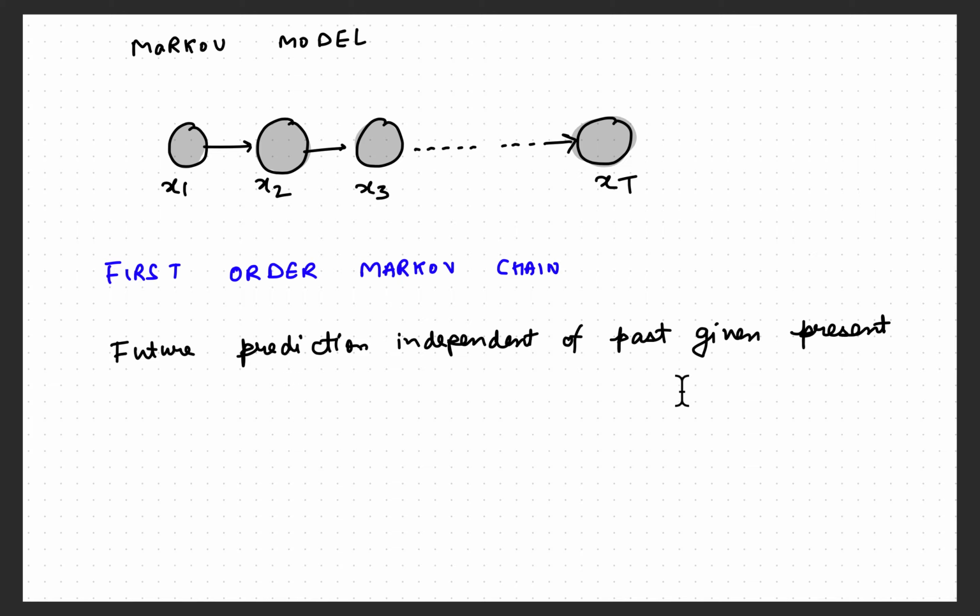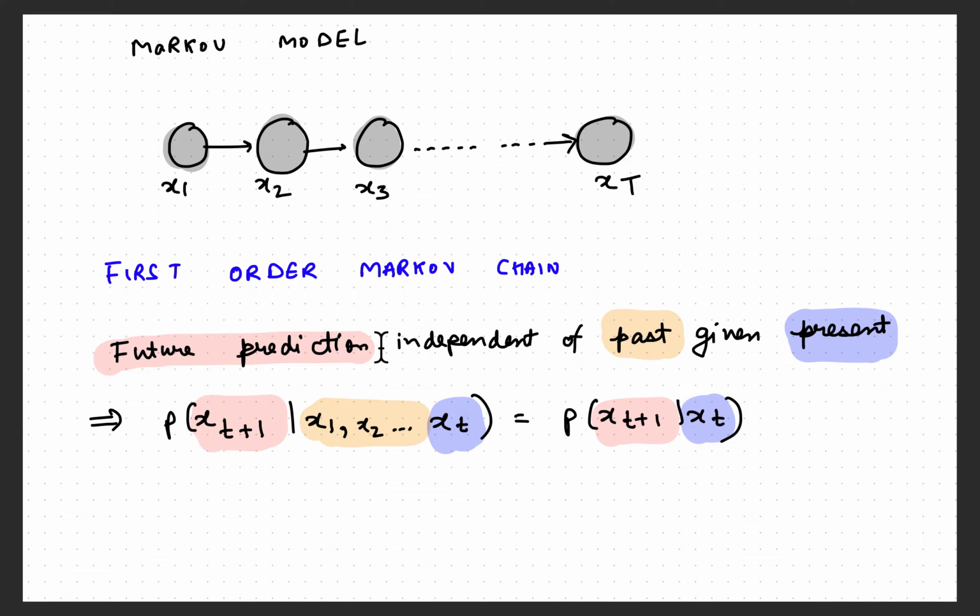This might seem a little confusing at first. So let's go a little slow and try to understand this with the help of some colors. We want to say that the future prediction, so let's say that we are at time small t, right? The future prediction, let's say, we're considering only one time step ahead, is x subscript t plus 1, right?